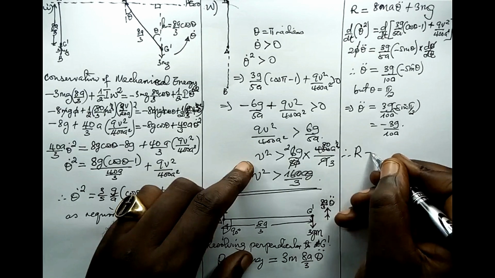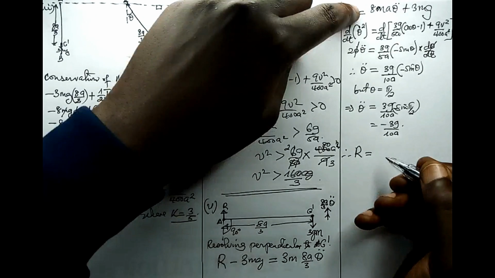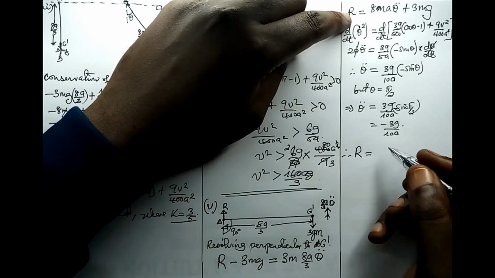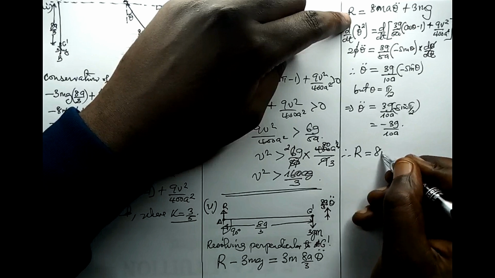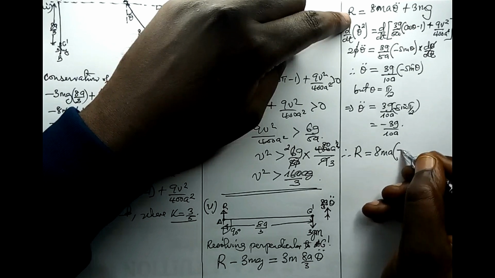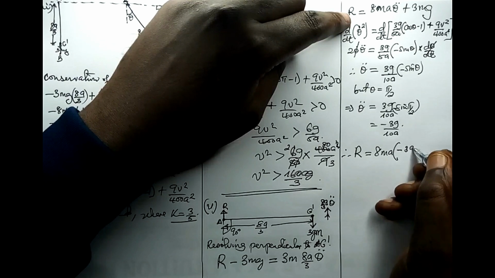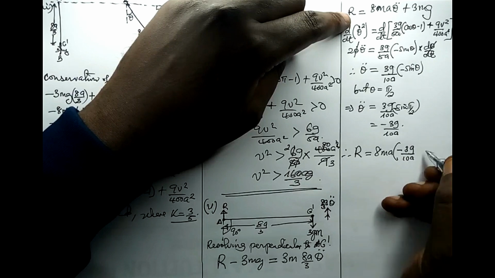Therefore, R equals, we go back to the statement that we were looking for R, 8ma into negative 3g all over 10a plus 3mg.